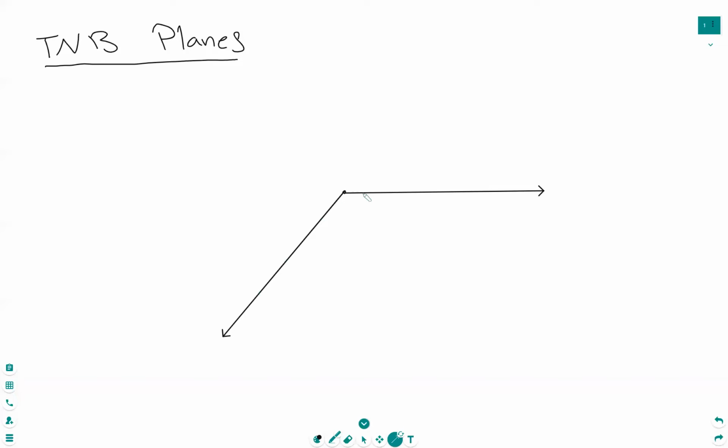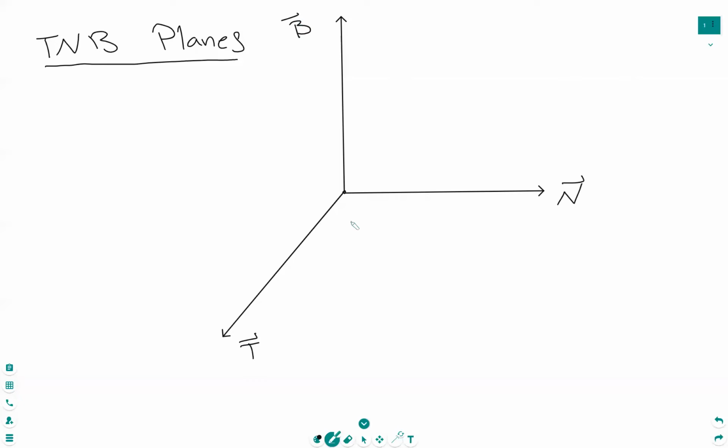And then from both of these, we are generating a third orthogonal vector that is the binormal. So here we have T, here we have N, and here we have B, our binormal.